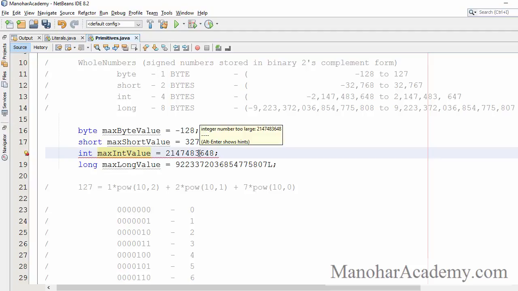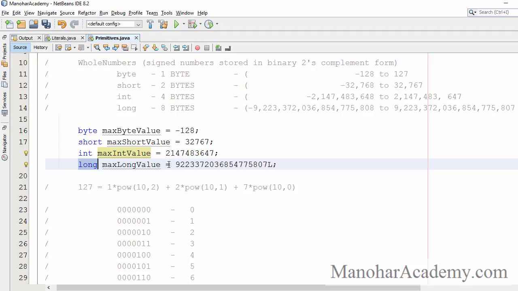So this cannot be an integer literal. So either we need to make it a long literal and assign to long, or be happy with ourselves with a value of around 2 billion. So whenever you need some value more than 2 billion, you have to go for long. Remembering this value is very difficult, but just remember it is around 2 billion, and if you need a value that is around 2 billion, the chances are you should go for long.